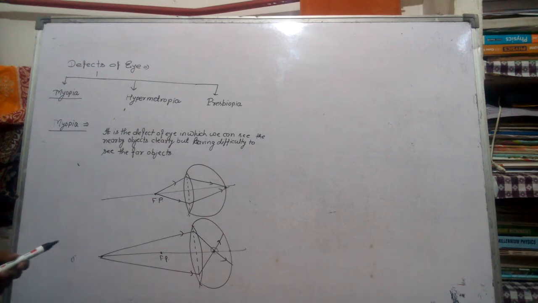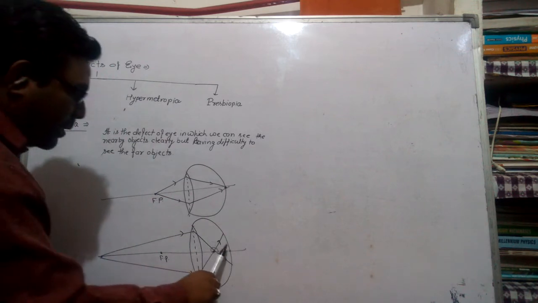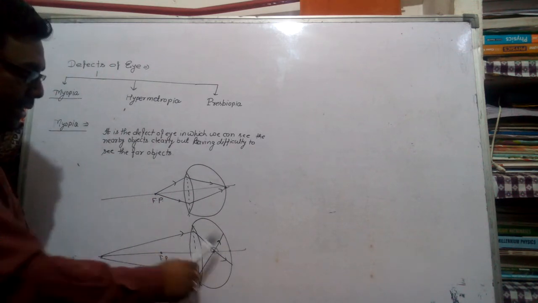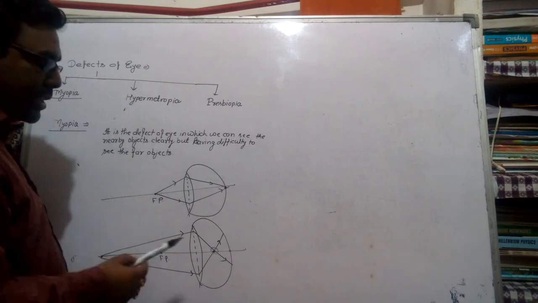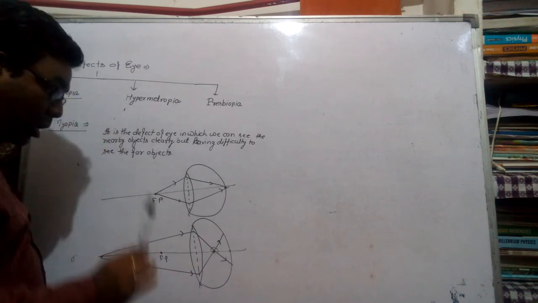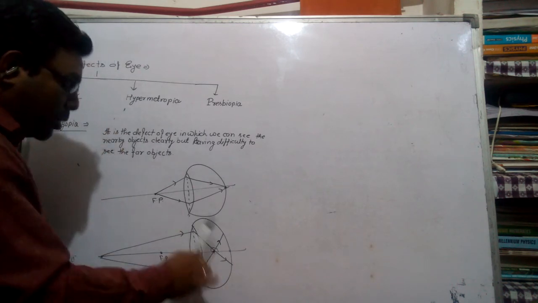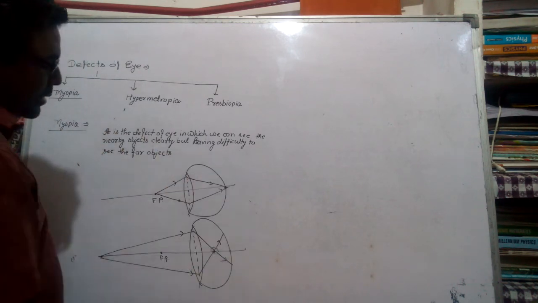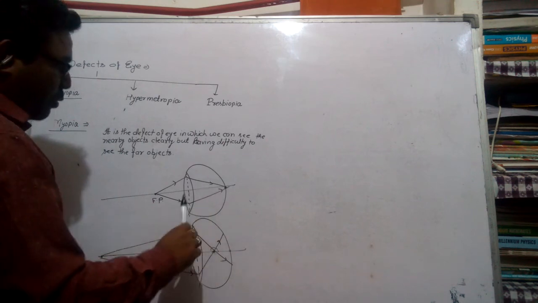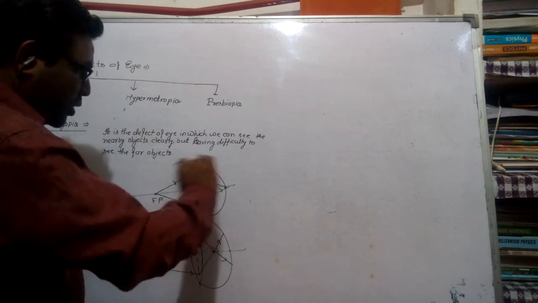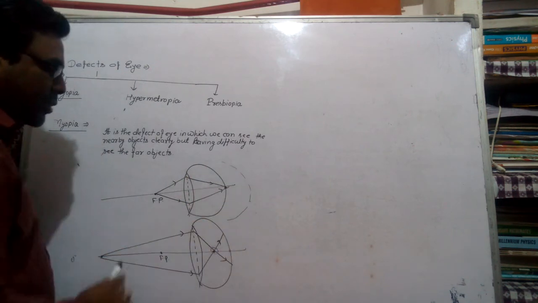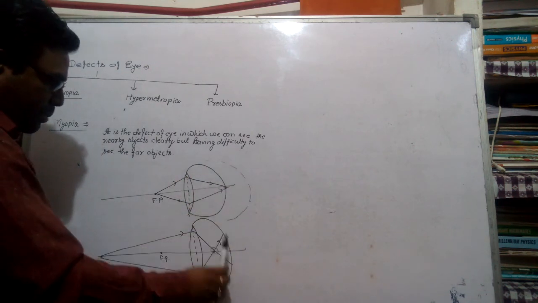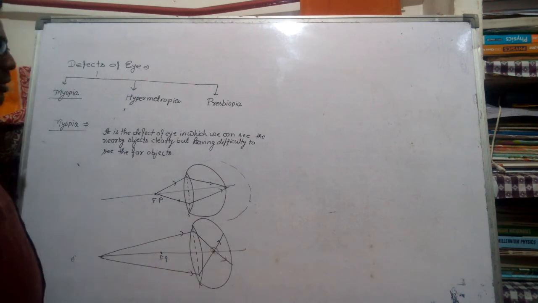The converging nature of the lens increases, or the size of the eyeball increases. When the size of the eyeball increases beta, it forms like this. So this retina becomes previous beta.